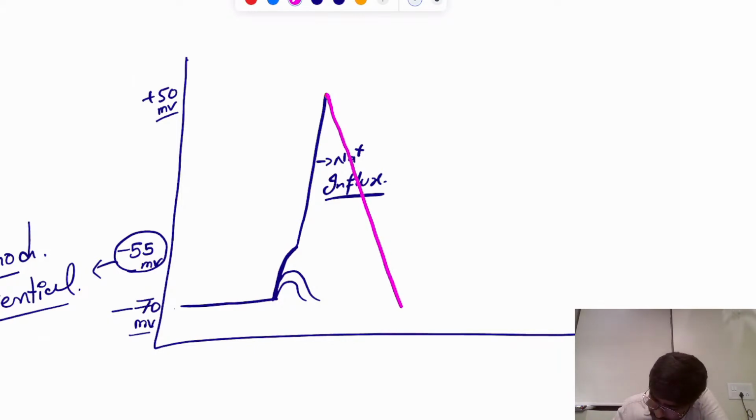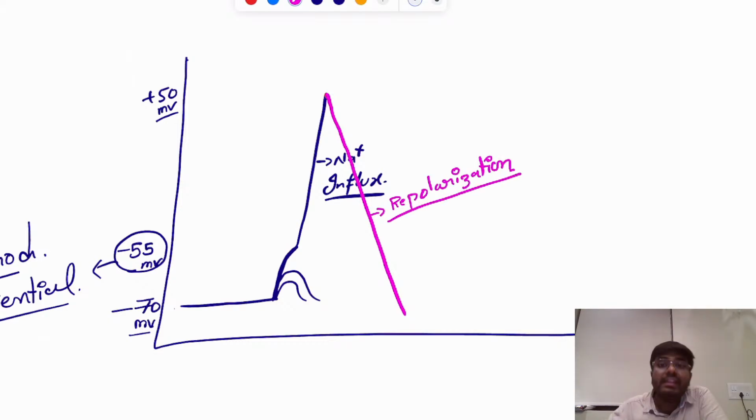So this phase is called repolarization. Initially there will be depolarization due to sodium influx, and there will be repolarization due to potassium efflux. Depolarization is due to sodium influx, and repolarization is due to potassium efflux.